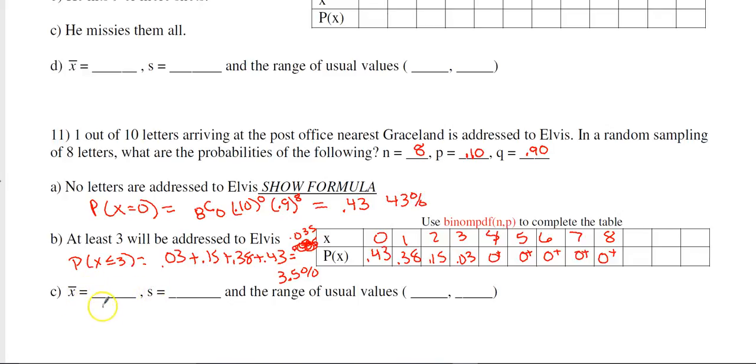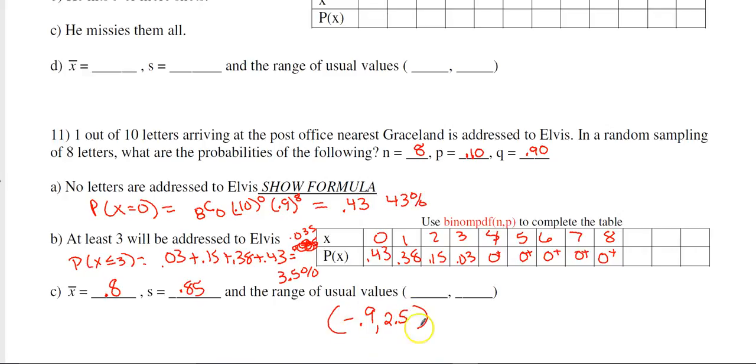Okay, the mean, which is n times p, which is 8 times 0.1, is 0.8. The square root of n times p times q is 0.85. The range of usual values is the mean plus or minus 2 standard deviations, the mean minus 2 times the standard deviation, and we should get negative 0.9 to 2.5.